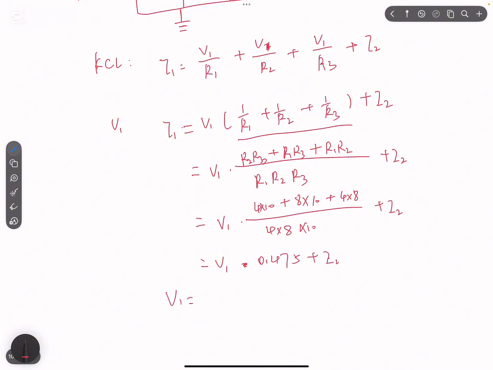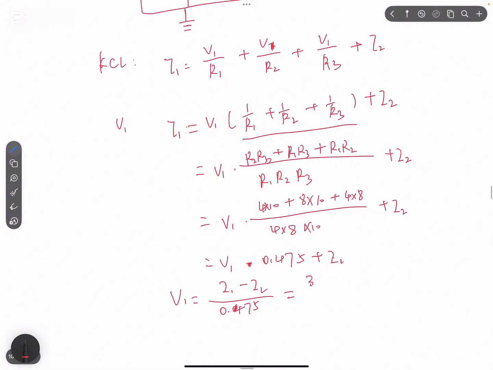So V1 will be I1 minus I2 divided by 0.475. That will give us 3 minus 0.5 divided by 0.475. That will be 5.26 volts.